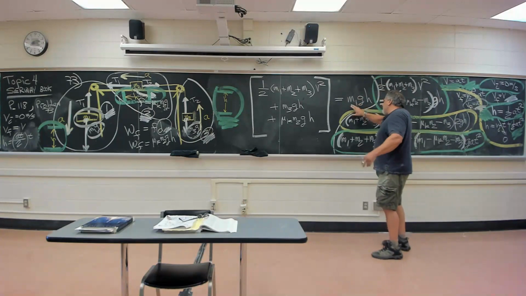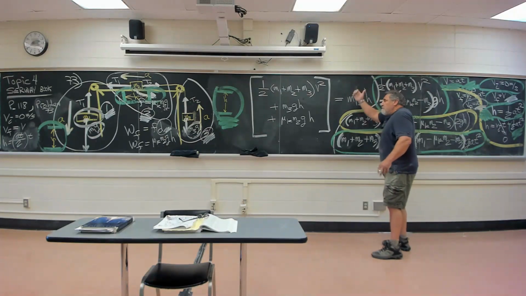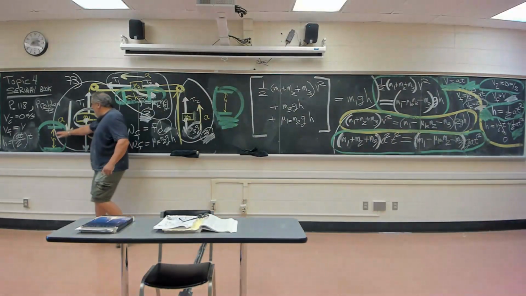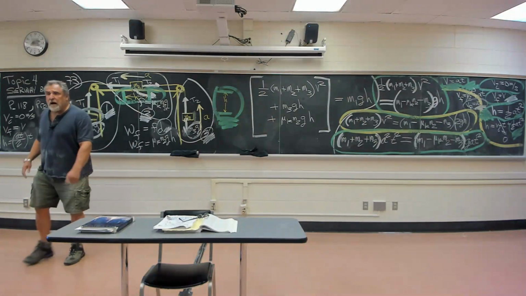Let me say it again: M1g is the force being applied through a distance h. Force times distance is the work associated with what M1 does because it's being pulled by a gravitational field. M1gh is the work that this thing has done.